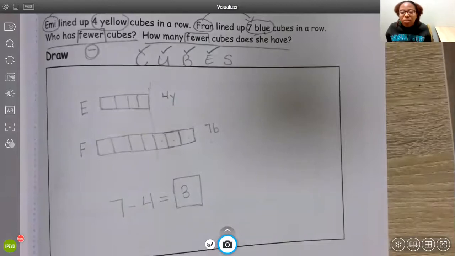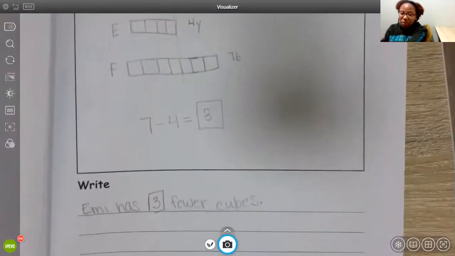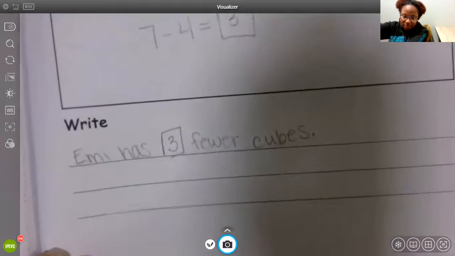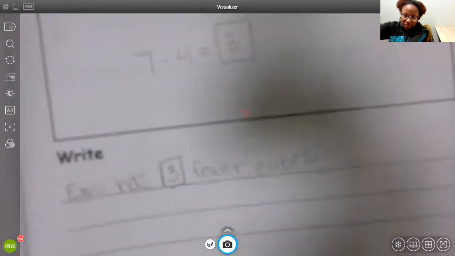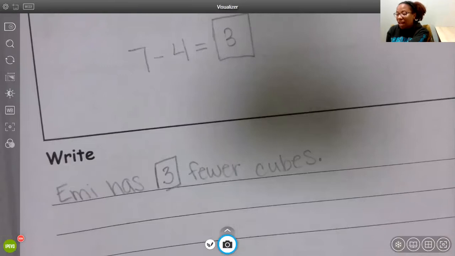I just answered my 2 questions. So let's go ahead and put that in a sentence here at the bottom. The sentence I came up with, Emmy has 3 fewer cubes.